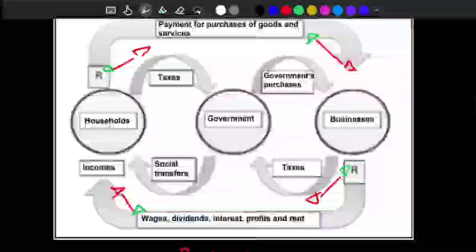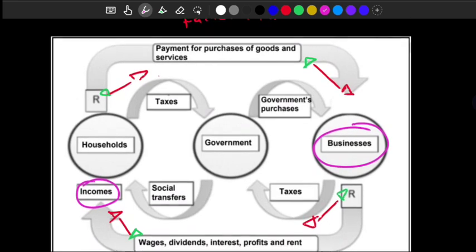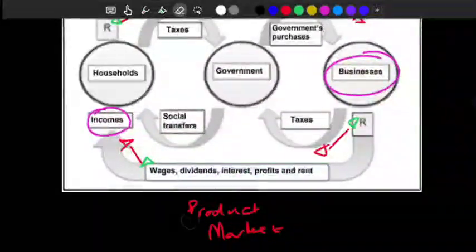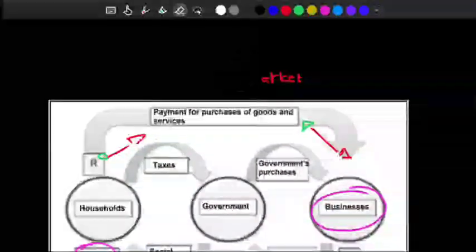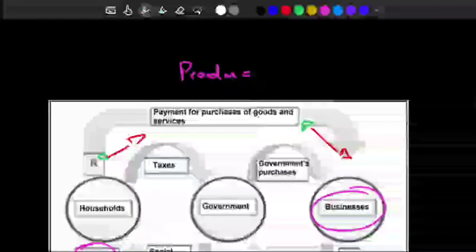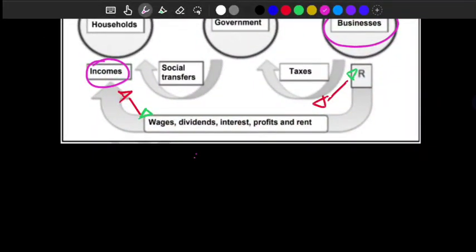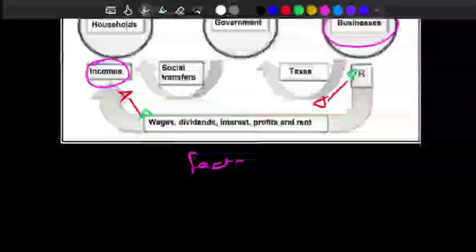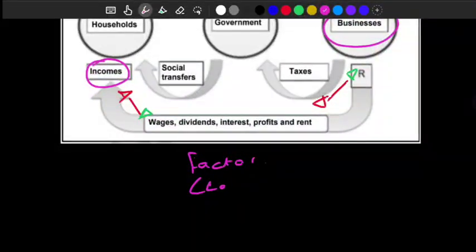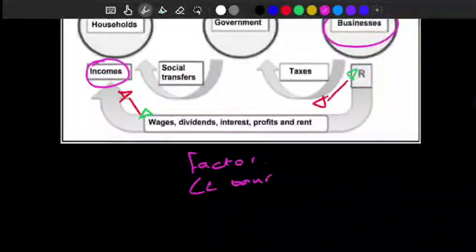Yeah, this thing is the other way around. This is the product market, purchase of goods and services, right? And then this is the factor market, which is our labor.